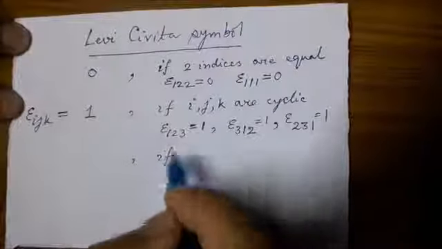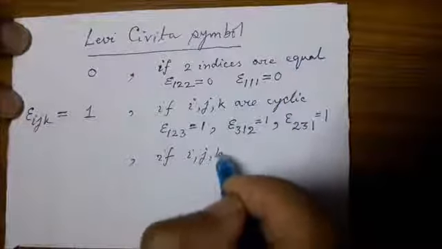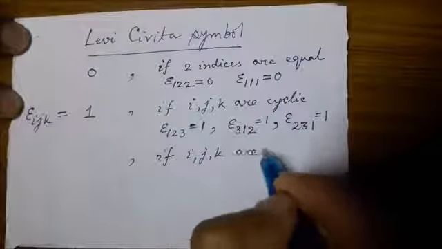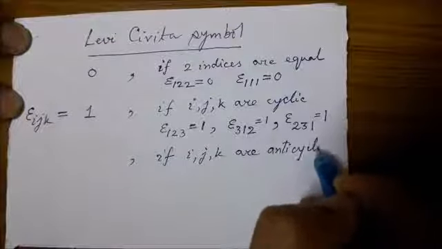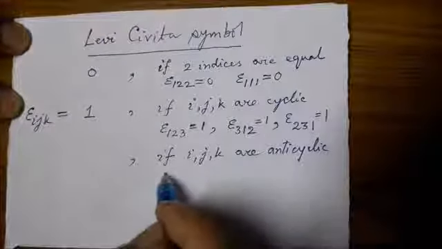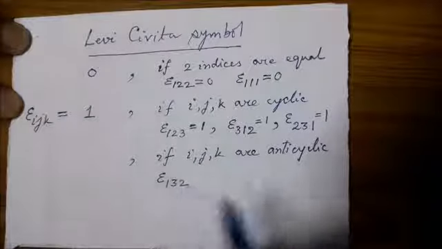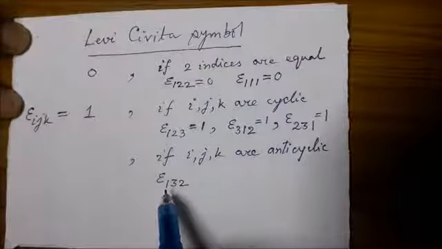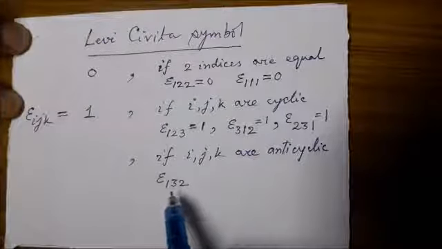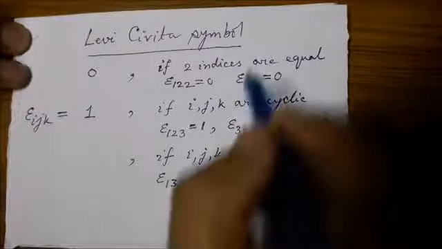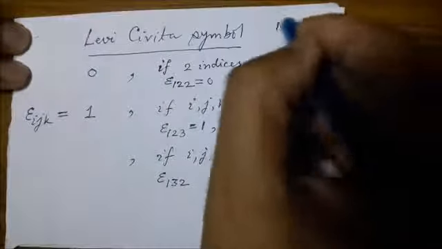The other possibility is if i, j, k are anticyclic, for instance epsilon 1, 3, 2. So after 1, 2 should have come, but we have 3. So the cycle is broken. The cycle is 1, 2, 3, 1.